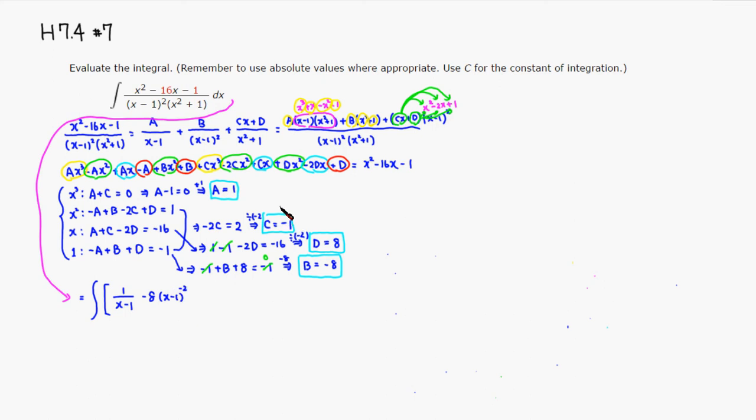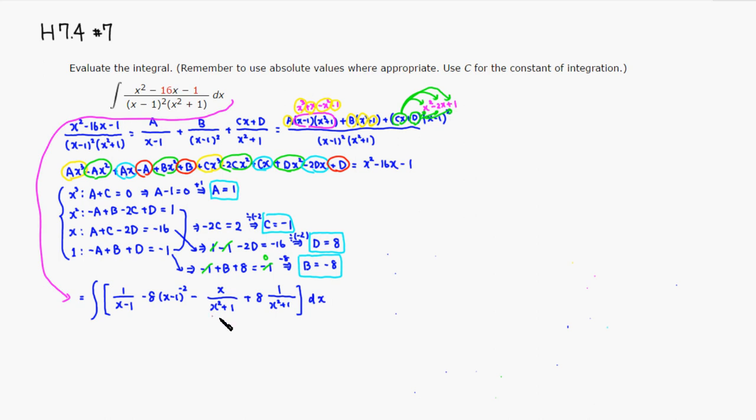All right, then c is -1. So here we have a negative. C is -1, so it's x over x squared plus 1. Last one is d, so it's going to be plus 8 in front, then you have 1 over x squared plus 1, with respect to x.